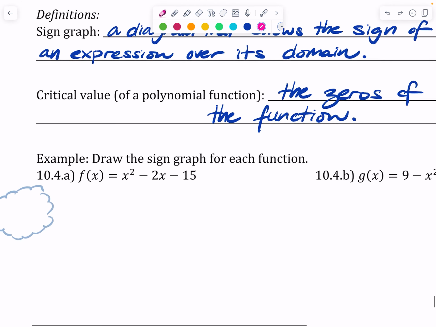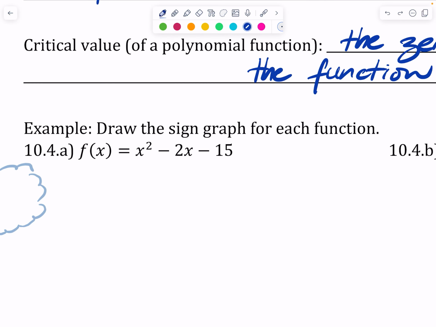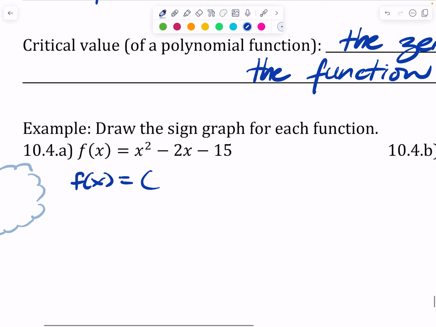So for us to get the zeros of a function like this, we're going to have to be able to factor. We can rewrite f of x as being x squared minus, whoopsie daisies. We're going to factor that. It's going to be the product of two binomials, and more specifically, it's x minus 5 times x plus 3.